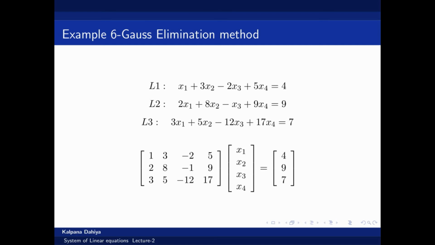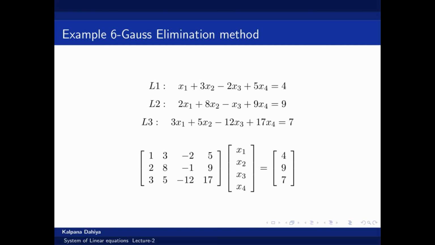Consider this example, a system of 3 equations in 4 variables x1, x2, x3 and x4. I am denoting these equations by L1, L2 and L3. We can represent the system of equations in matrix form, where the first matrix has rows 1, 3, minus 2, 5; 2, 8, minus 1, 9; 3, 5, minus 12 and 17.